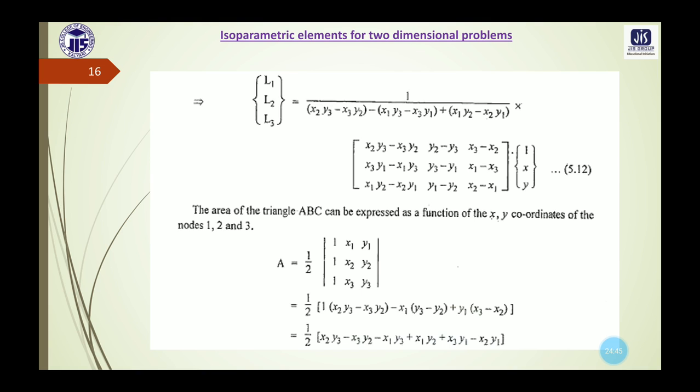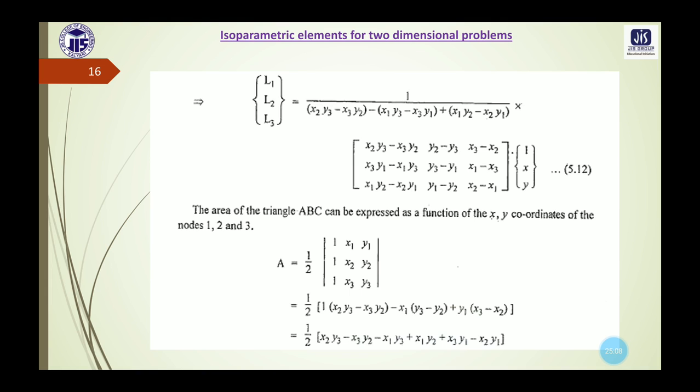Now the area of the triangle ABC can be expressed as a function of the xy coordinates of the nodes 1, 2 and 3. To calculate the area of the triangle, the formula that we will use is half multiplied by the 3 by 3 matrix of 1 x1 y1, 1 x2 y2 and 1 x3 y3.